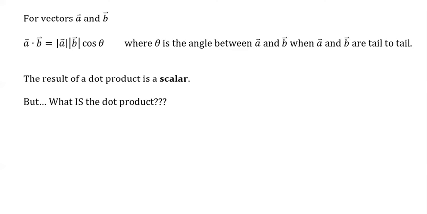At any rate, this is what the dot product is. A dot B equals the magnitude of A times the magnitude of B times cosine of theta, where theta is the angle between A and B when they are tail to tail. As we've talked about, vectors don't exist in particular positions, so two vectors could be anywhere. But if I put them tail to tail, theta would be the angle between them. From this point forward, I will no longer define theta.